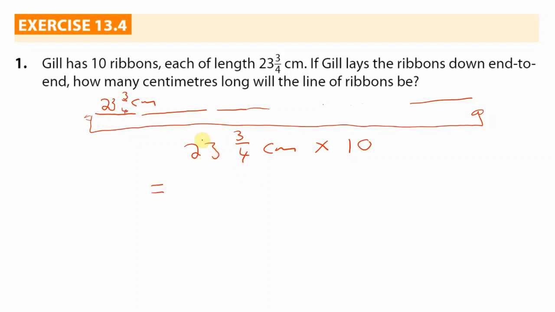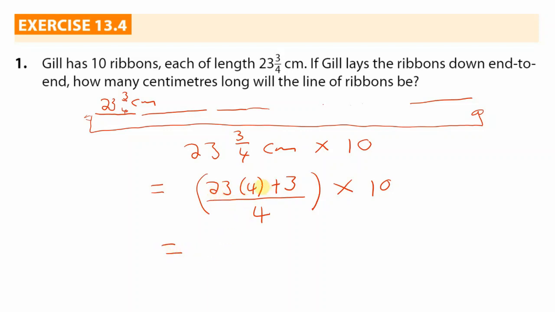How do we do it? We take the whole number, multiply it by the bottom number or the denominator, and then we add the top number or the numerator, and we keep the denominator at the bottom, and we have to multiply all of that, let's put it in brackets, by 10.